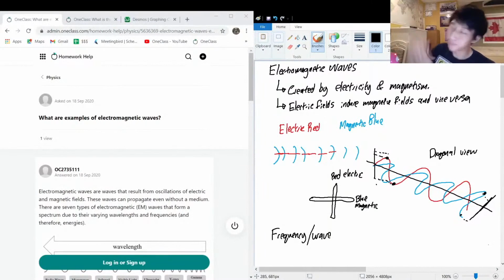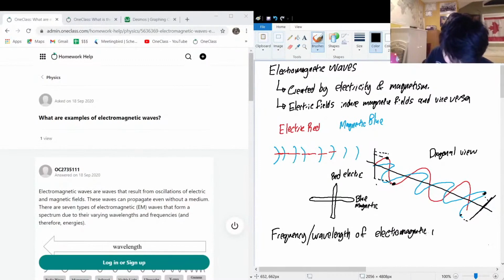It's like how wavy is the wave, I guess is the best way for me to describe that. Frequency or wavelength of an electromagnetic wave determines its properties.